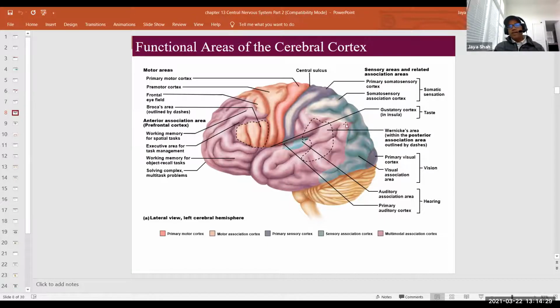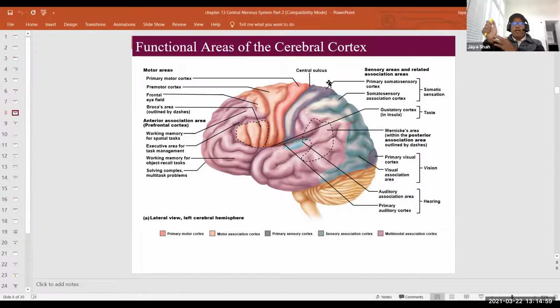These areas are responsible for sensations like touch, pain, pressure, vibration, vision, smell, all the sensory areas. In front of the central sulcus you have the primary motor cortex, and behind the central sulcus you have the primary somatosensory cortex. This cortex is involved when you touch your finger, let's say, or feel pain.